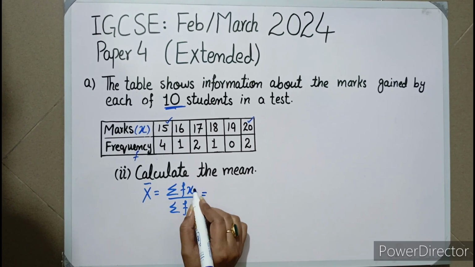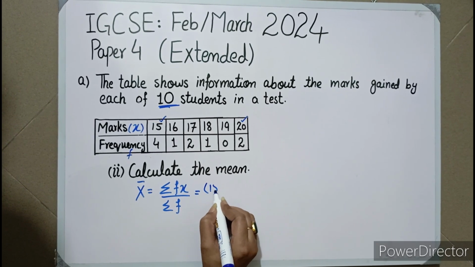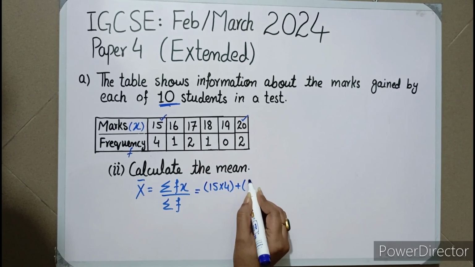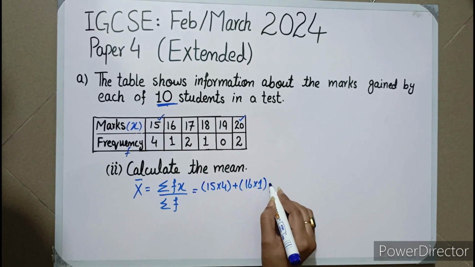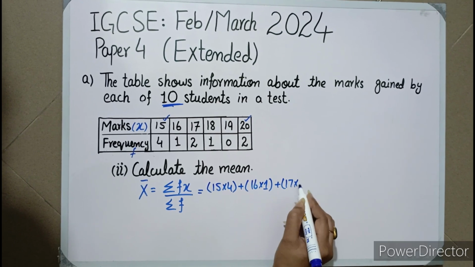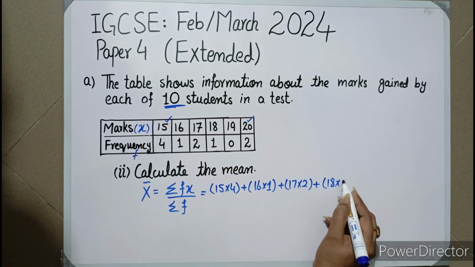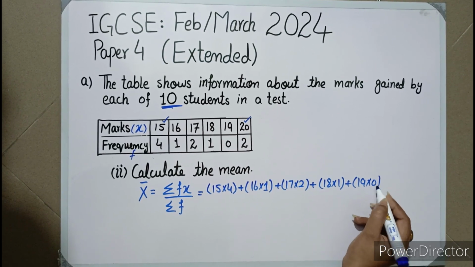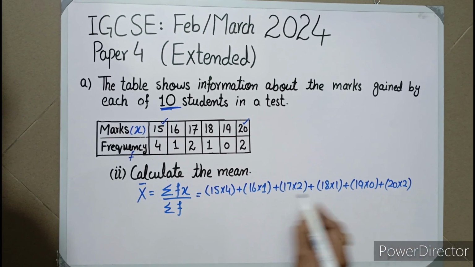After performing this operation, you have to sum them up. So here you have to multiply 15 with 4, then 16 with 1, then 17 with 2, 18 with 1, 19 with 0, and 20 with 2.